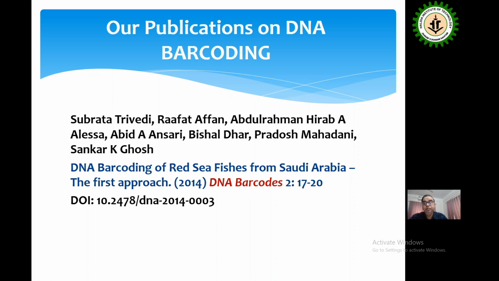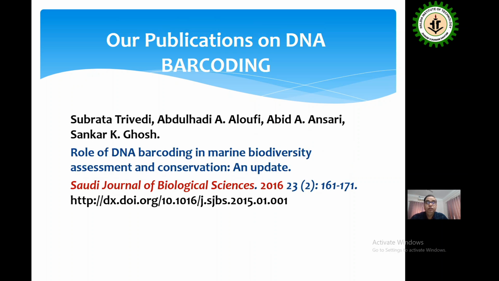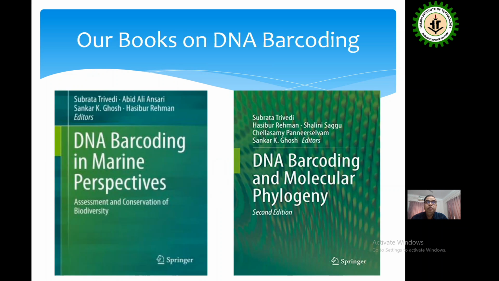Then the paper came out in DNA Barcodes. We have several publications on DNA barcoding, one of them on the role of DNA barcoding in marine biodiversity assessment and conservation. Then our books on DNA barcoding, both published by Springer International.